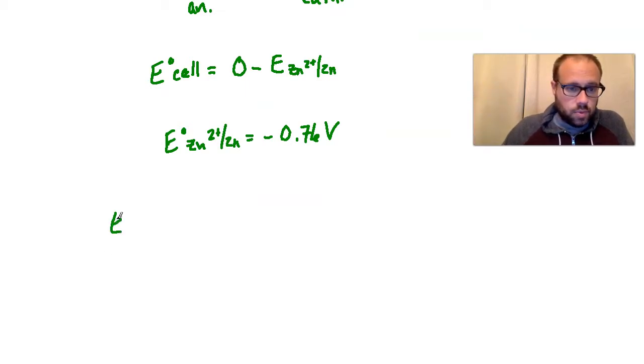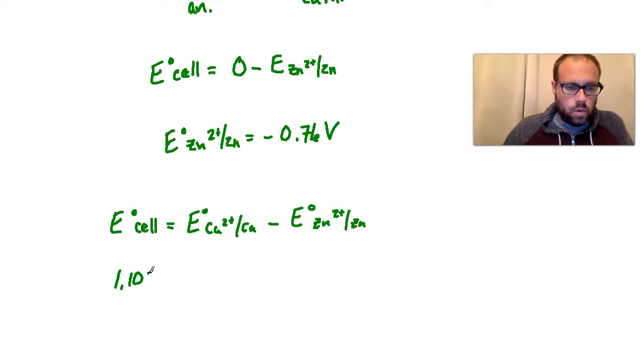So what I can do at this point is I can then say Ecell standardized for the copper 2+ and copper minus the zinc 2+ and zinc.